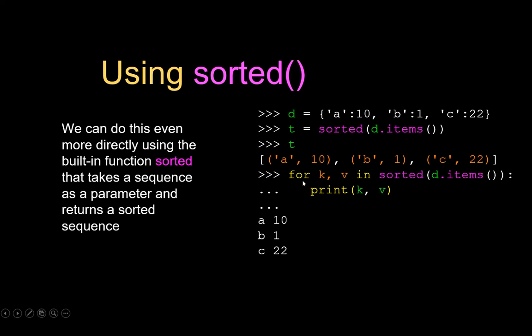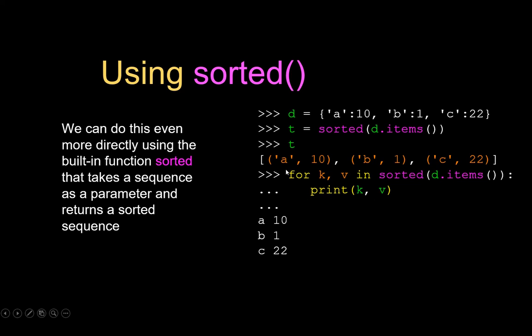Now we create a for loop which says that for key and value in the sorted list of tuples, we're going to print k and value.